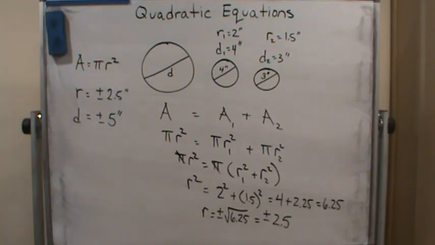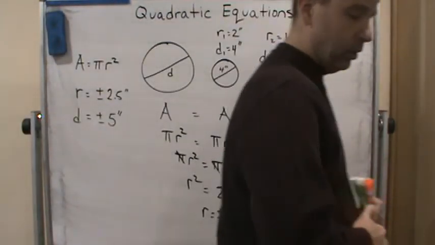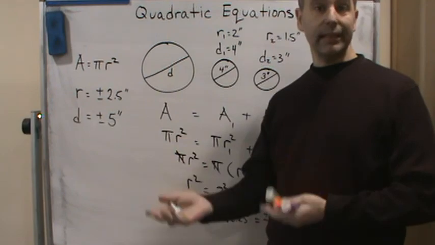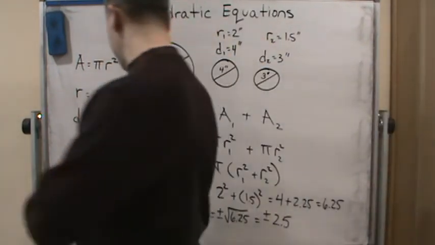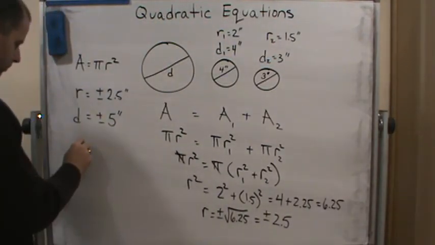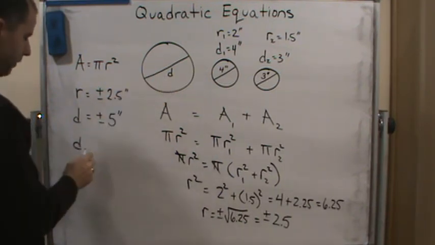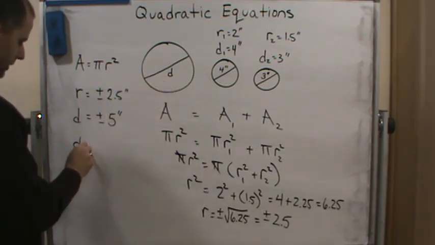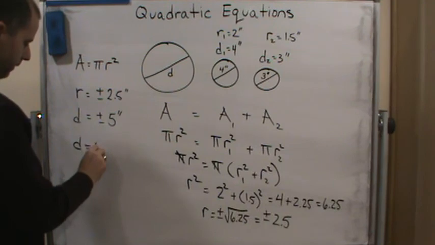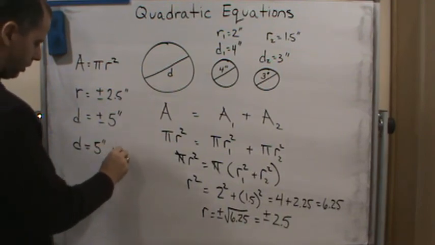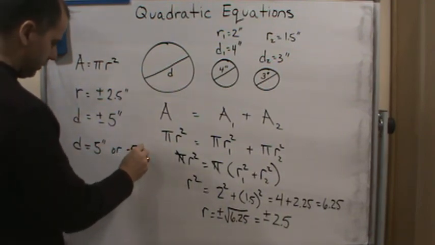And so now, again, for an application problem, we ask ourselves, does the answer make sense? This is saying that the diameter of the main here is either equal to 5 inches or negative 5 inches.